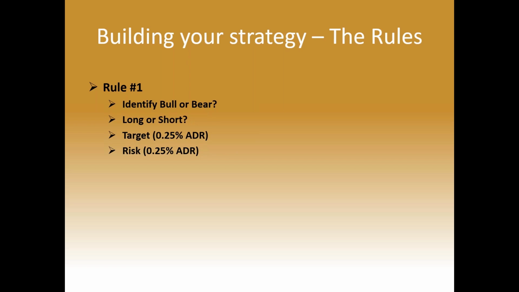Now let's say it meets these criteria. It meets bull, short, it meets the target criteria that I want of at least 0.25 of the average daily rate. So let's say the daily rate is 100 pips, which is not much, but let's say 25 pips, which also means 25 pips stop loss. But my take profit is actually 130 pips, which exceeds 0.25 of average daily rate.